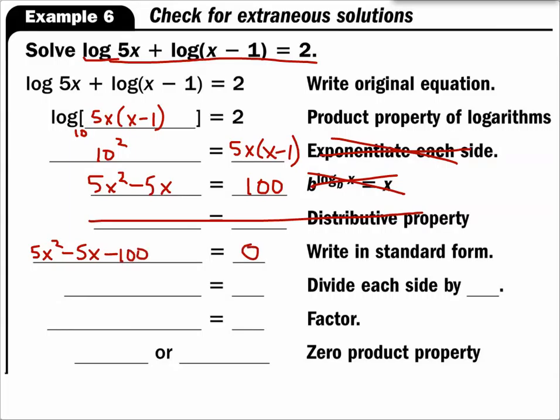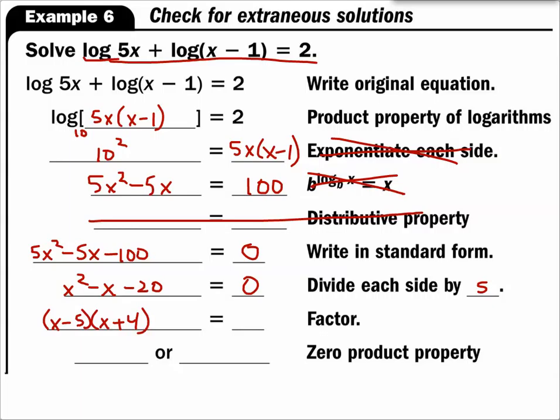Well, that's good. But we can do better because we can divide by 5. And that helps bring down the numbers and makes it slightly less insane. So x squared minus x minus 20 equals 0. And that's better. Factoring, because we have this quadratic. You could use the quadratic formula. In a case like this, it's just faster to factor.